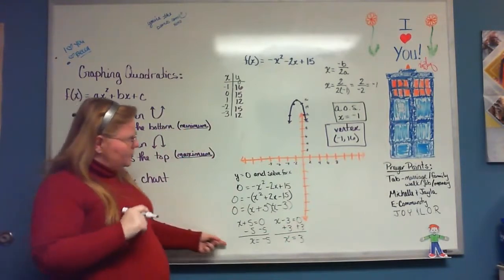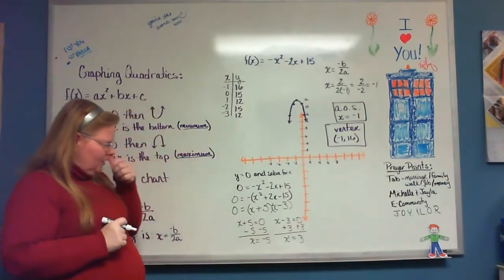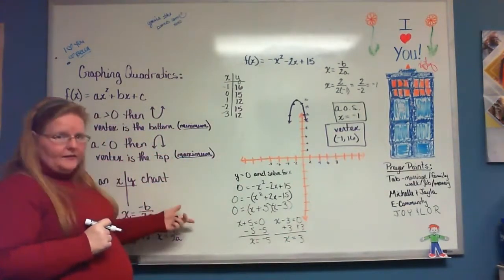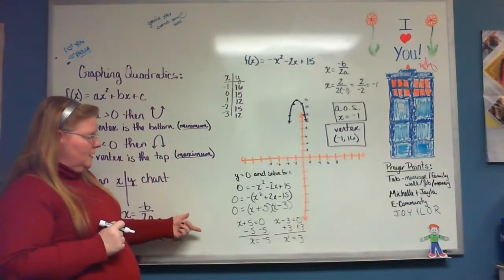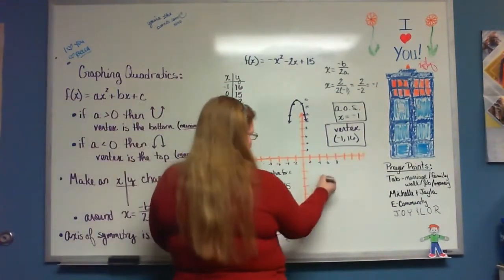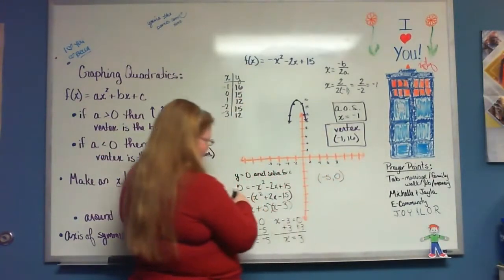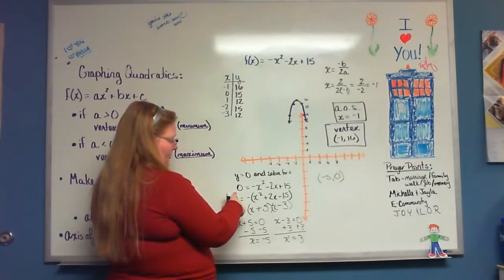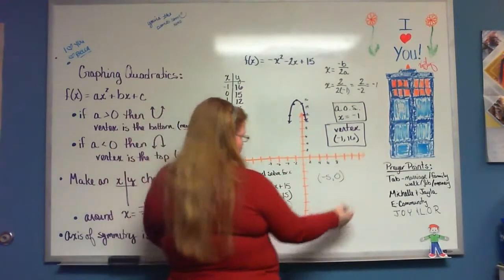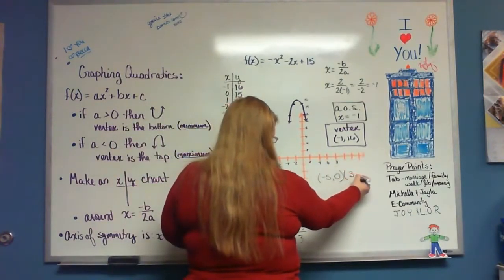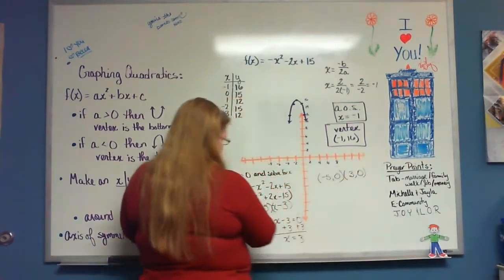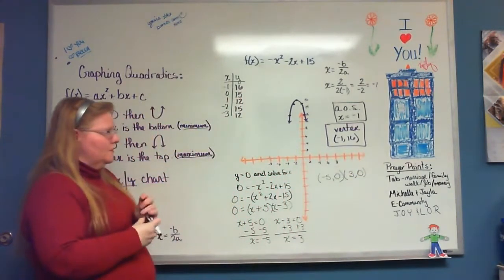So I have x equals -5 and x is equal to 3. Well, back in the day, we would always say that this really meant that it was the point -5, 0, because that's what we plugged in. And we would say that that was really the point 3, 0, because 0 is what we plugged in.